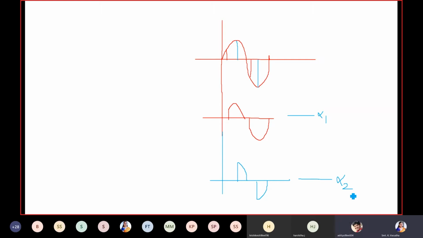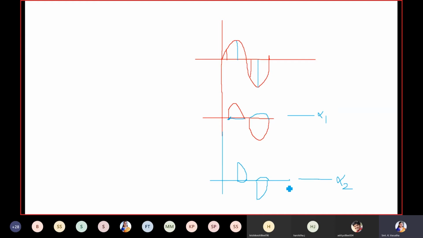During alpha 1, the on period of triac is more because I am firing triac at this moment itself. From this period to this period and from this period to this period, the triac is in conduction. Whereas in this case, only between this duration and this duration, the conduction period is there for triac. As alpha increases towards 180 degree, the conduction period of triac will reduce.